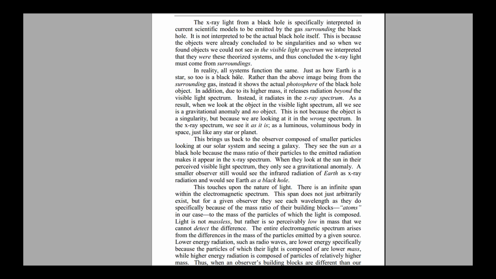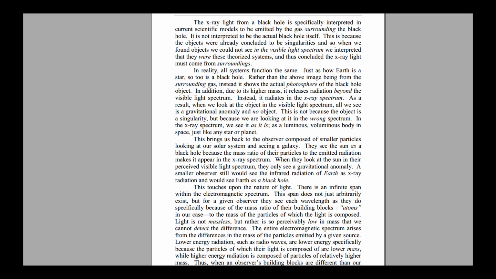As a result, when we look at the object in the visible light spectrum, all we see is a gravitational anomaly and no object. This is not because the object is a singularity, but because we are looking at it in the wrong spectrum. In the X-ray spectrum, we see it as it is, a luminous, voluminous body in space, just like any star or planet.